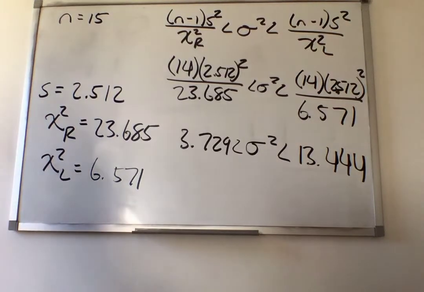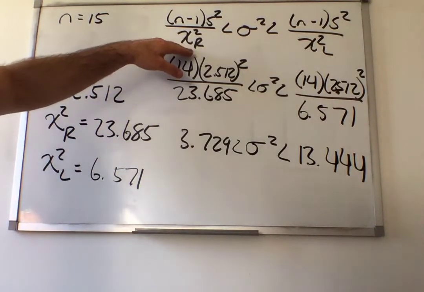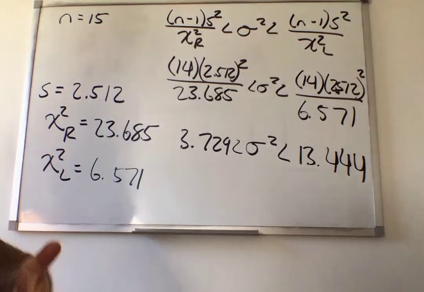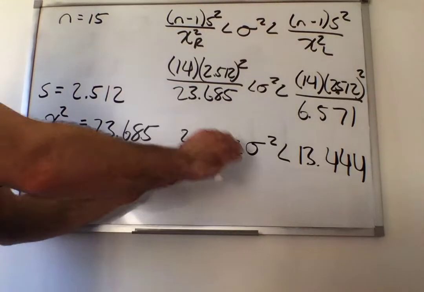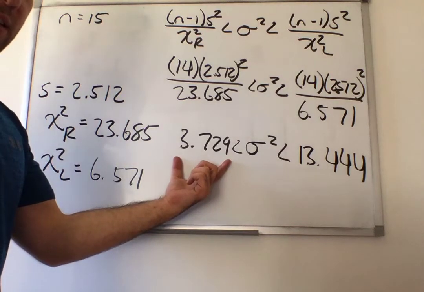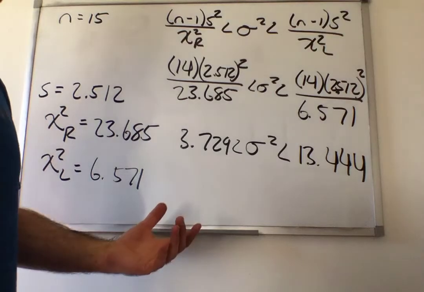Now, let's say you forgot that the chi-squared right value goes on the left and the chi-squared left value goes on the right. Let's say you put this one over here, this one over here, you'll get the right numbers, however they'll be in the wrong spot. You'll have the bigger number on the left, the smaller number on the right, and that doesn't make sense.